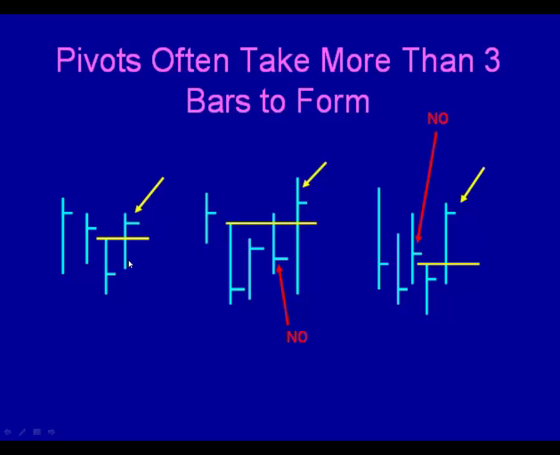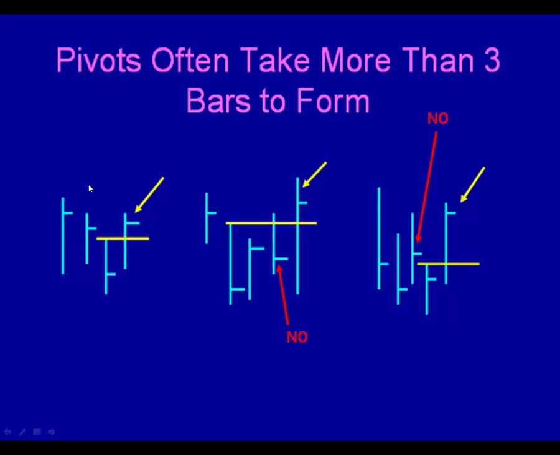This is going to be important because on intraday 750 tick bars, we're not going to see as many clean 3-bar pivots, but you will see a lot of these style pivots. This is something really important to understand.